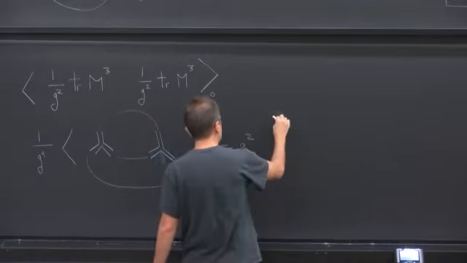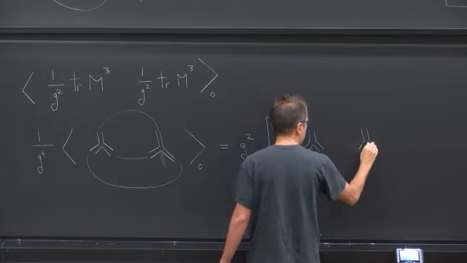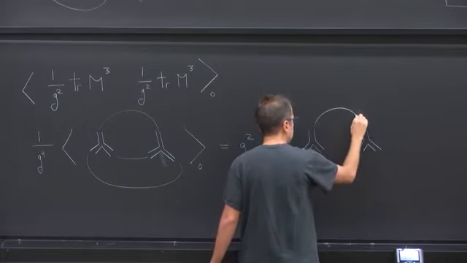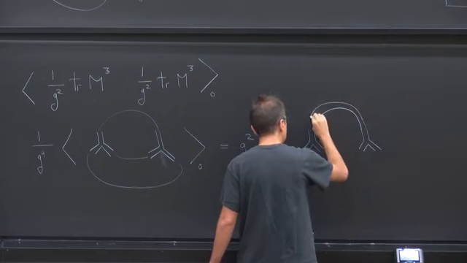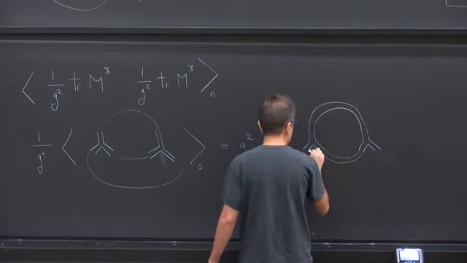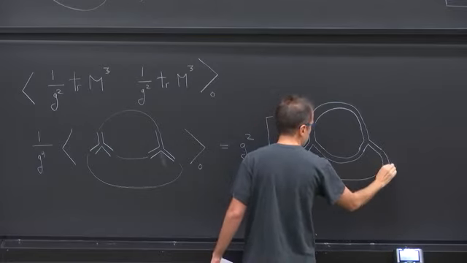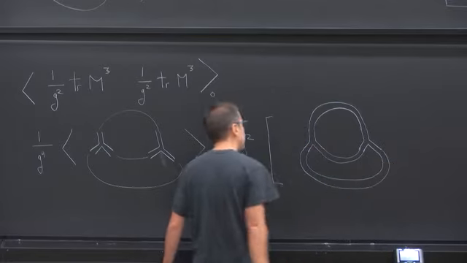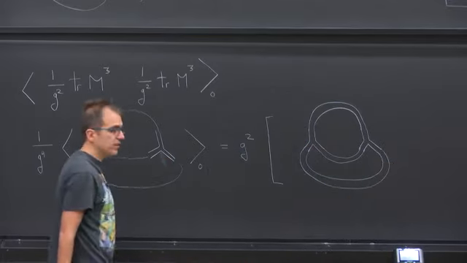And then, let's draw the graphs that we have. So one possibility is what I drew here. Let's draw it. So one possibility is this goes here, this goes here, this goes here, this goes here. This is one possibility of contracting.